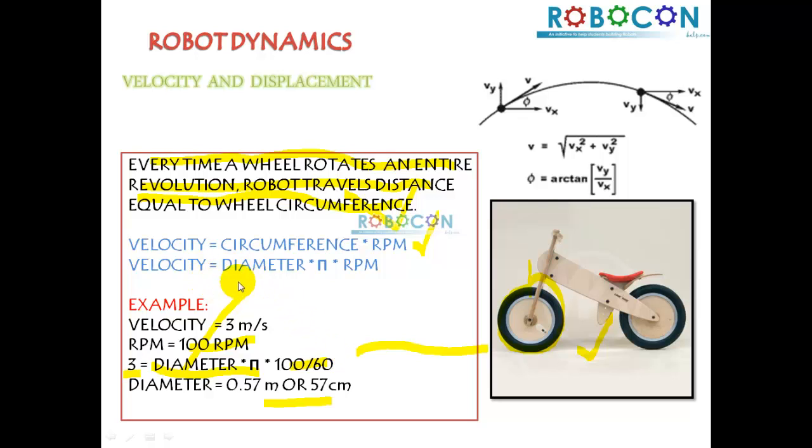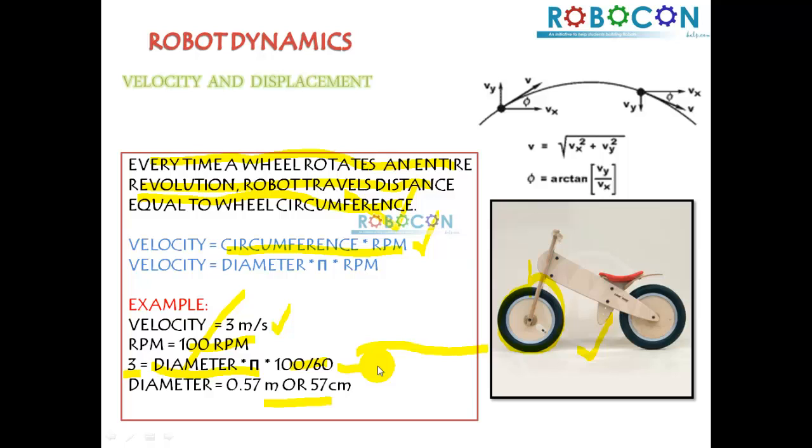Now this velocity is generally found by a simple formula, which is multiplication of the circumference or the perimeter of the wheel into the revolutions per minute, which you require for a certain kind of operation. Suppose you require a velocity of 3 meters per second and you have a motor of 100 RPM. Using the same formula discussed above, you can directly place in the figures and find out the diameter.